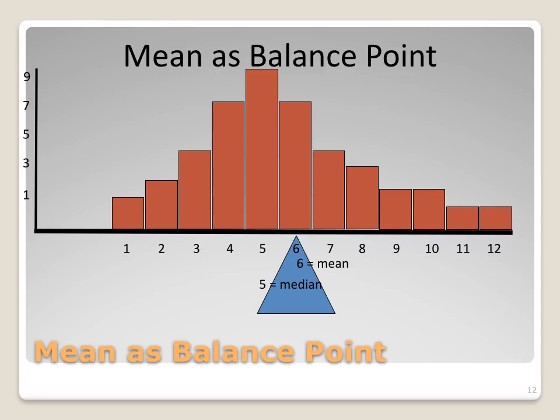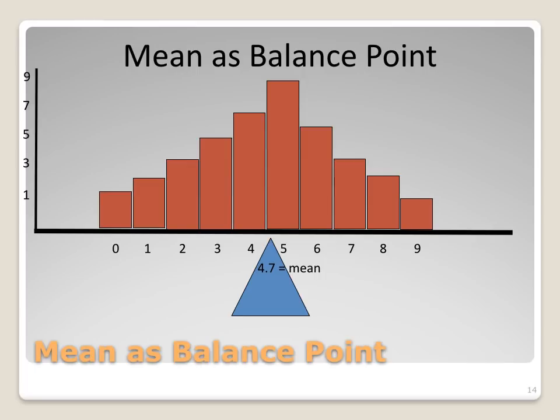The mode is the most frequent score, and in this case, the score with the most frequency in the distribution is also 5. So as you can see, the mean is much more sensitive to a skewed distribution than the median and the mode. Therefore, the mean is not always an accurate way to describe a distribution.